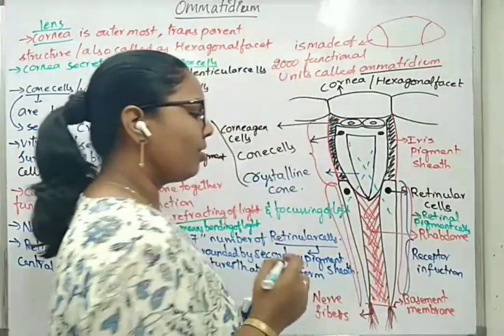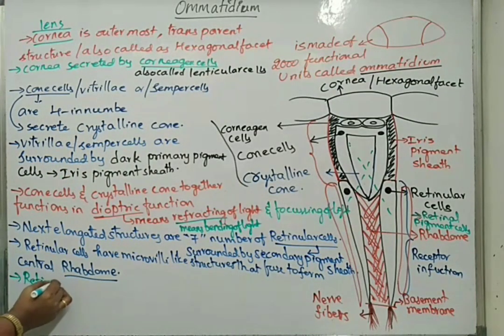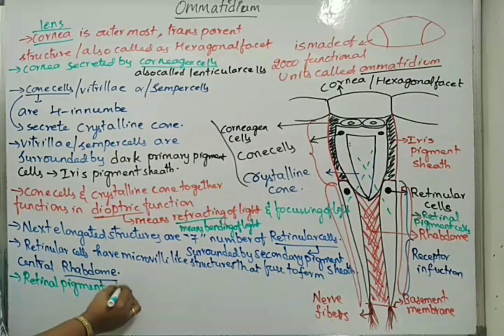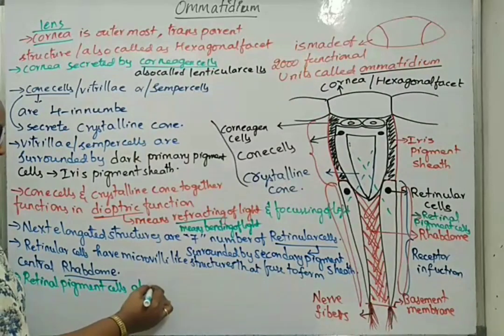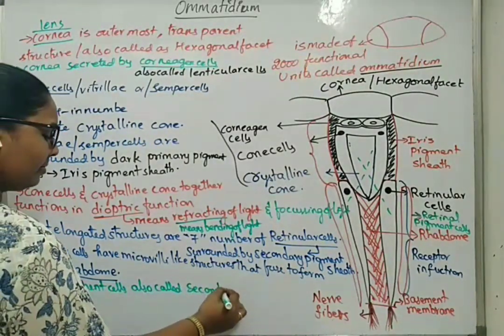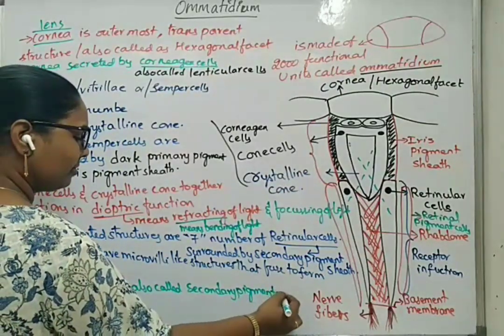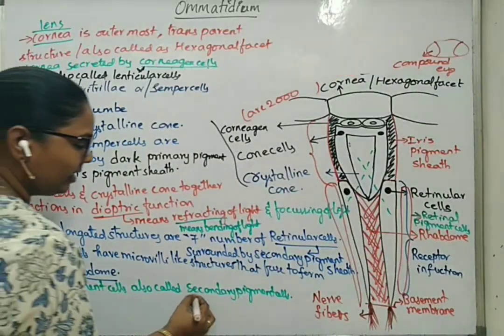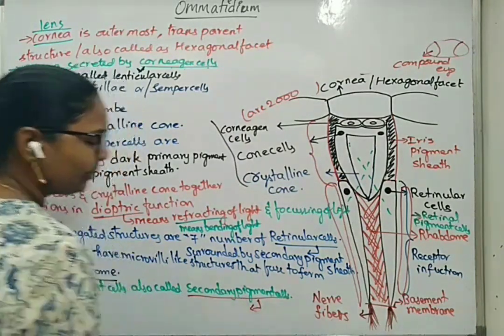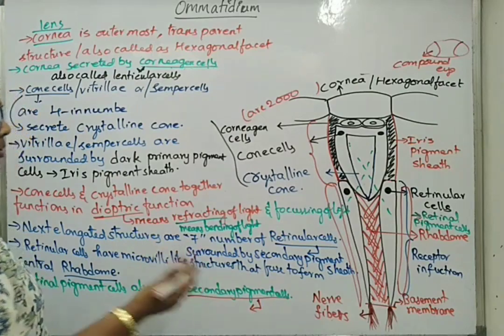Retinal pigment cells are also called secondary pigment cells. These secondary pigments help in preventing the focusing of light from one ommatidium onto the other.